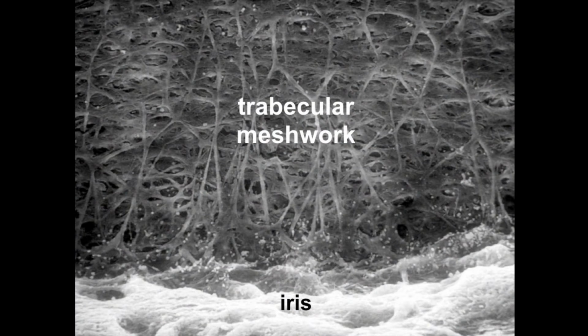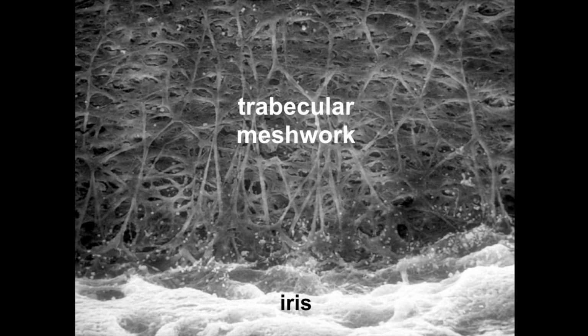The inner uveal part of the meshwork, seen in this scanning micrograph, is composed of thin cord-like beams or tuberculi, which are separated by irregular pores. The deeper corneoscleral part of the meshwork is composed of flat perforated sheets arranged in a lamellar fashion.